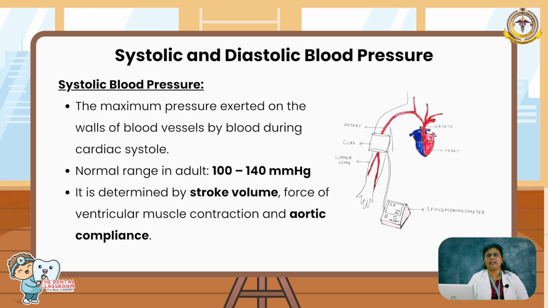Whenever the ventricles contract, blood is pumped into the aorta, so that is recorded as the maximum pressure, the systolic blood pressure. The normal range in adults is 100 to 140 millimeter of mercury. This is decided by the stroke volume, force of contraction of the ventricular muscle and the aortic compliance.